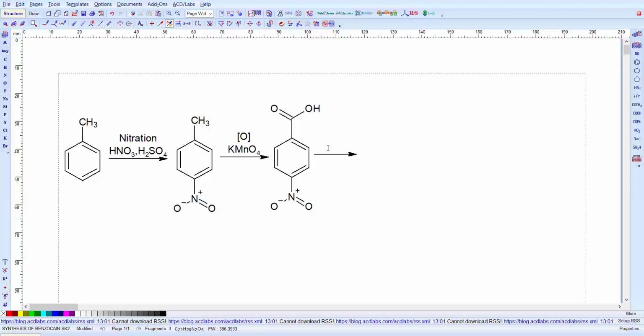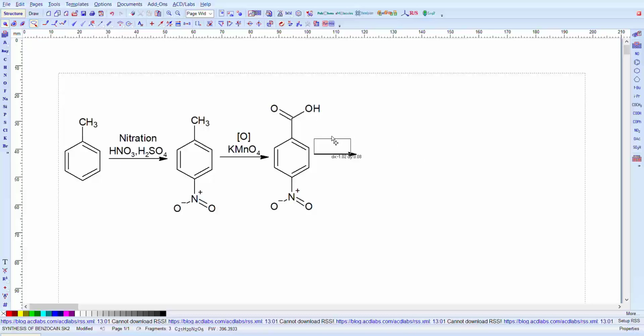So here we have to put H2, Pd/C. It is called chemoselective reduction. Okay, we don't need to write chemoselective, but it is reduction, chemoselective reduction. This is chemoselective reduction.